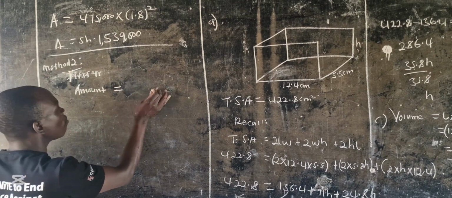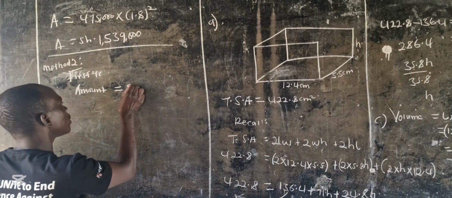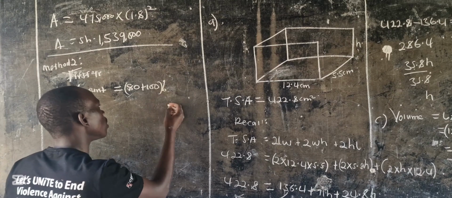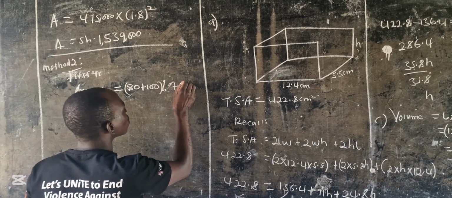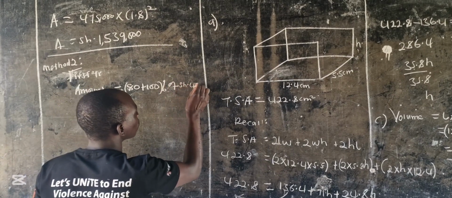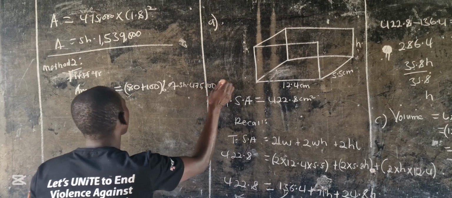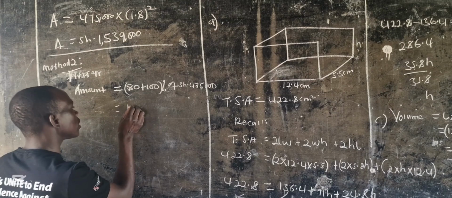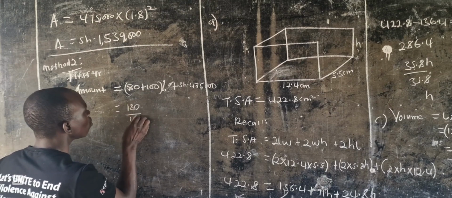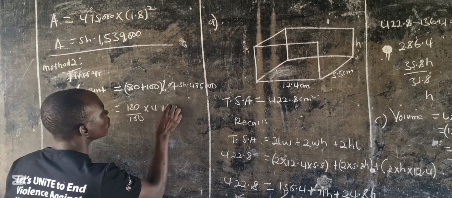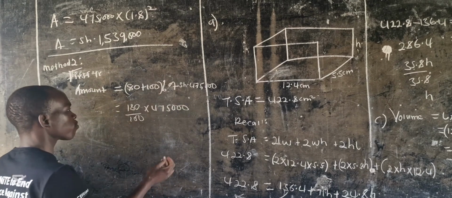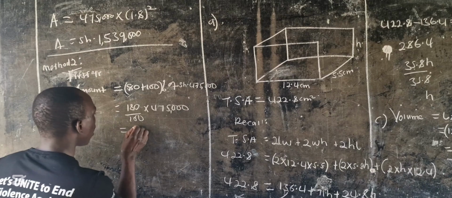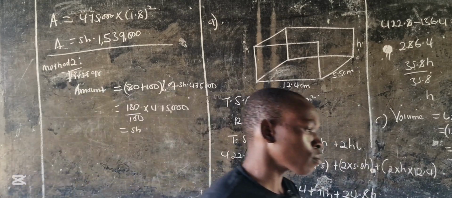So we shall have the percentage increase, which is 80 plus 100, all in percent of Umalu's principal of shillings 475,000. So this is 180%, and this is the same as 180 over 100 times 475,000.